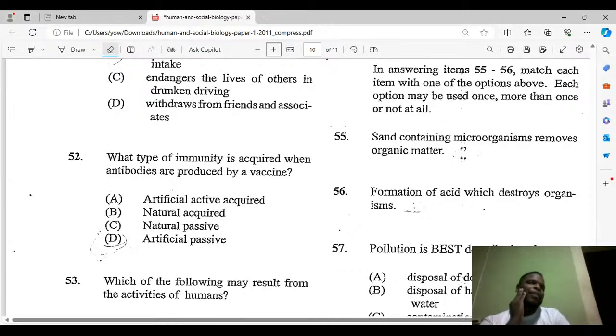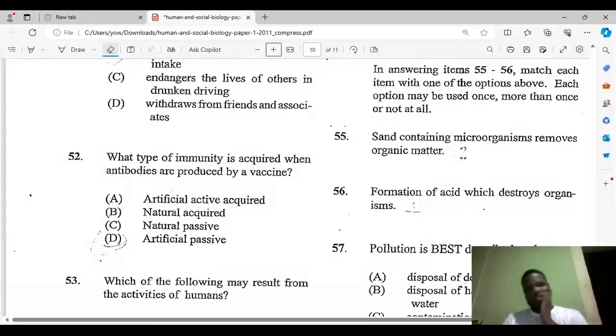Passive is more on. Natural passive is when you pass on some. Artificial active, you don't have to pass it on, you can acquire it. But I will lean to D on this one. So all the people who say D, I'm gonna give you that. But I think it can be argued with A, but I think this one is more D.